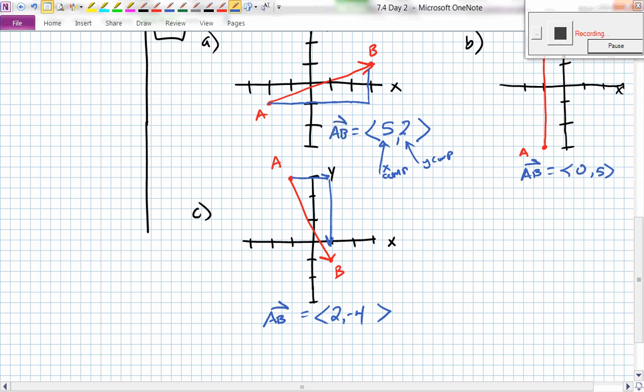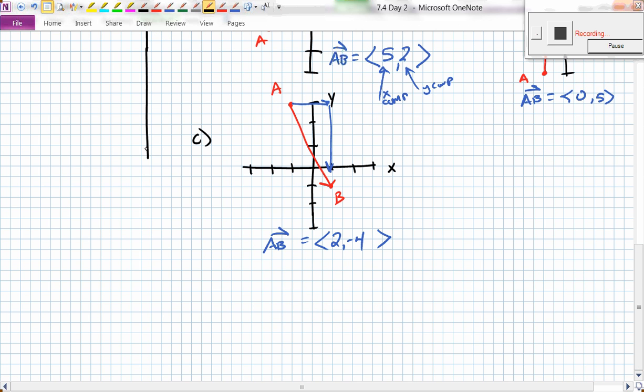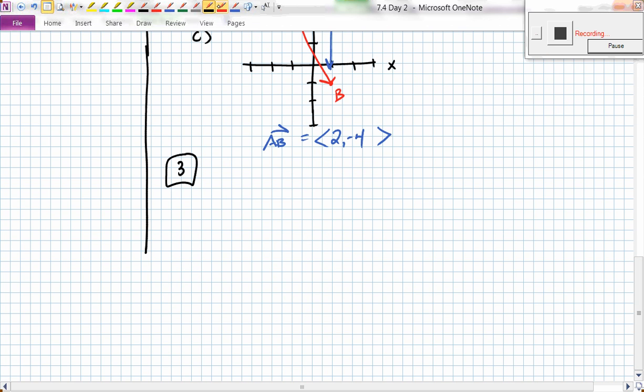Okay, you guys feeling pretty good about vector components now? Okay, let's use them in our last box here, box number 3. Please draw a pretty decent sized grid here. Let's go 4 units.